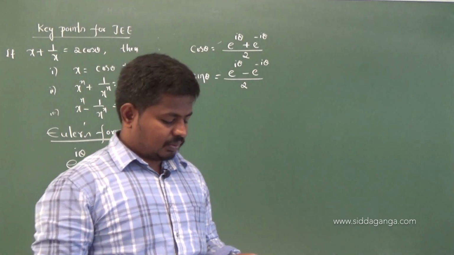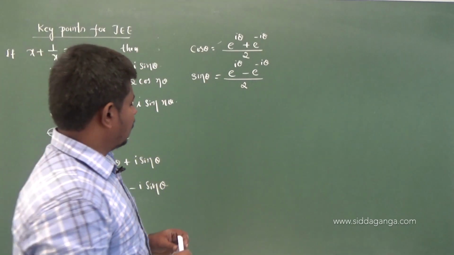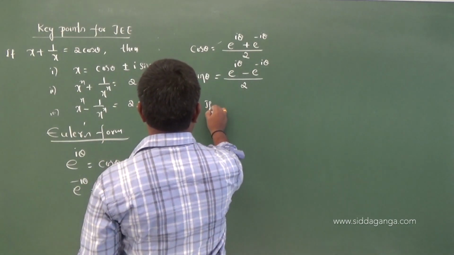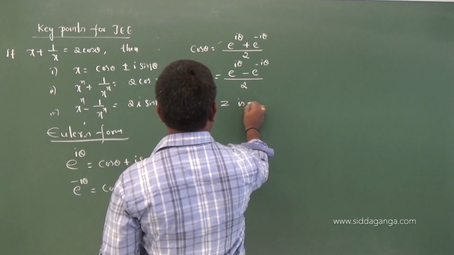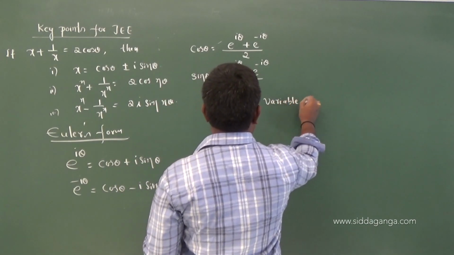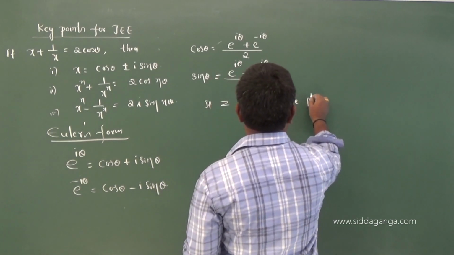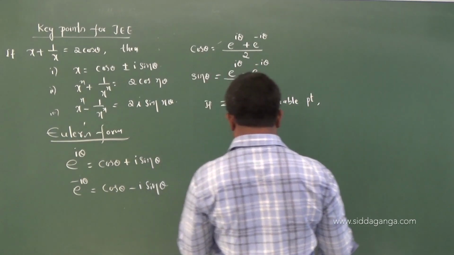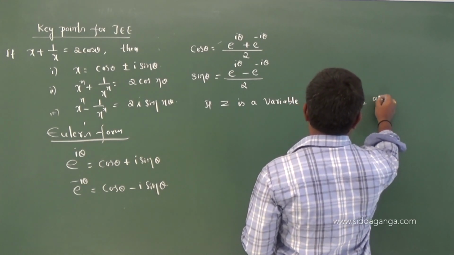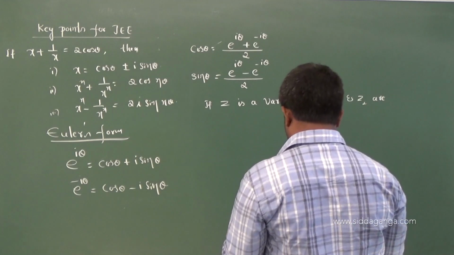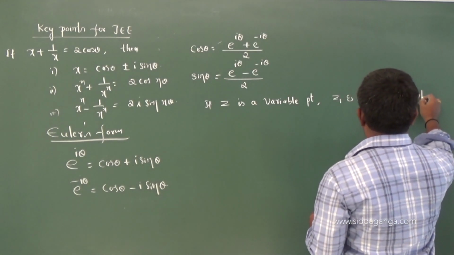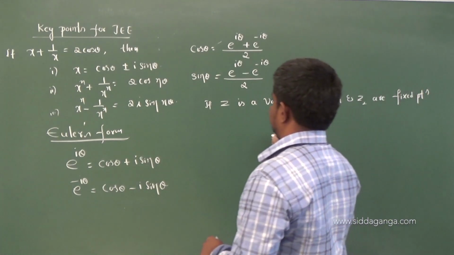Okay, so let's write: let z be a variable point, and z1 and z2 are fixed points in the Argand plane.